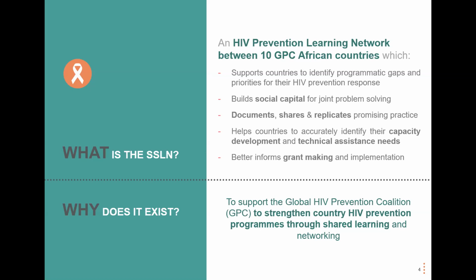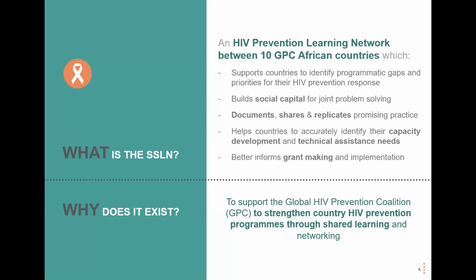It helps countries to accurately identify their capacity development and technical assistance needs, and importantly, aims to help attract funding and support for condom programs, which is particularly important given that the network focuses on prevention as treatment is overwhelming countries in terms of taking an increasingly larger share of budgets. So this is an opportunity to spread successful, innovative practices focusing on prevention, which is just critical to controlling the HIV epidemic in your country.